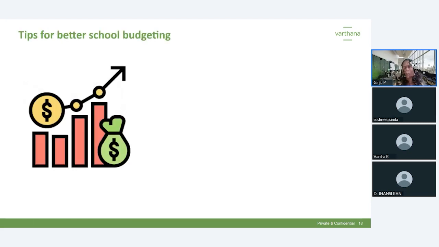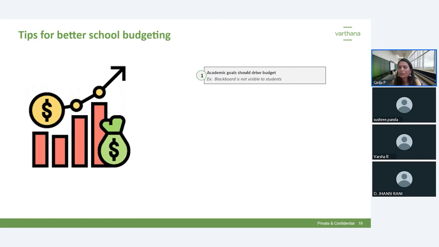And these tips are: first, whenever you are doing the budgeting, it should be aligned with your academic goals, and you should keep that in mind. For example, your academic goal can be that you want to make creative learning spaces or creative learning classrooms, but your blackboard is not visible to the students, and in that case you can't achieve that vision or goal.